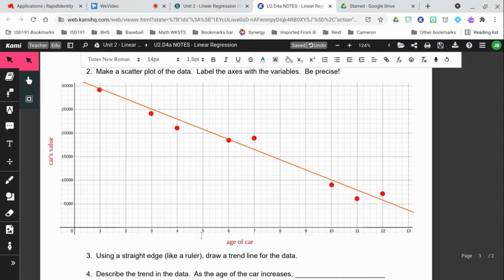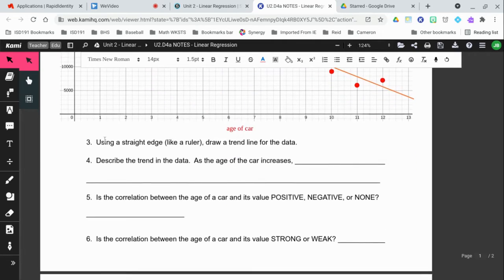In other words, as the age of the car increases, as the age goes up, what happens to the car's value? Well, as I go to the right and follow these data points from left to right, I see that the values typically go down, they decrease. The car's value is lower. So in number 4, I'm going to go ahead and type that in.